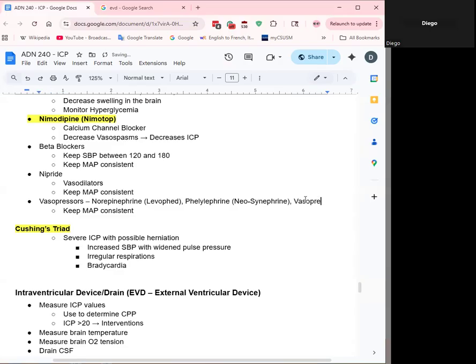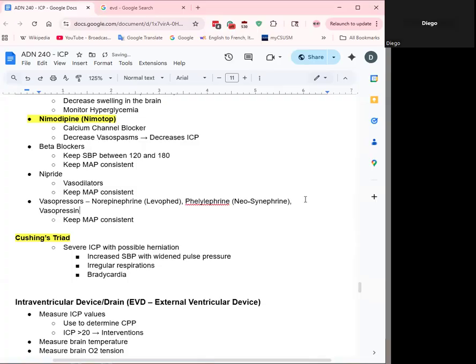So your vasopressin is given, let's say, after a certain amount of norepinephrine has been titrated. I think they start you off at five mics of norepinephrine, and then you titrate up and down by two.